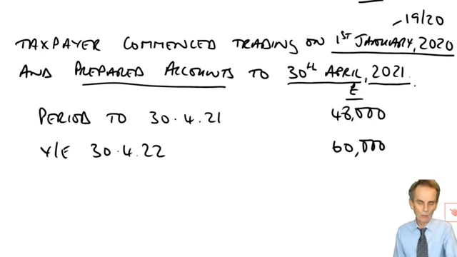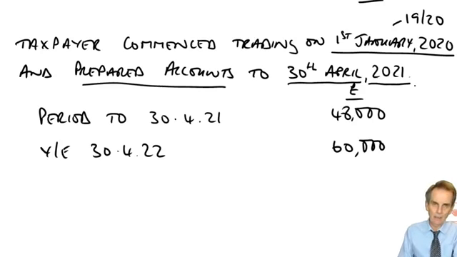Now, you may recall that we had an example a little while ago that, again, I gave to you on these blank pages, whereby we started on the 1st of January 2020 and we firstly prepared accounts for 9 months, and in the second example, the last we did, we went with 15 months through to the 31st of March of 2021.